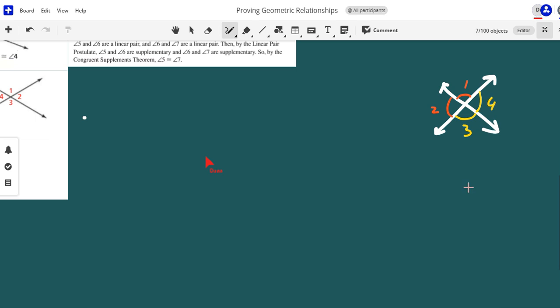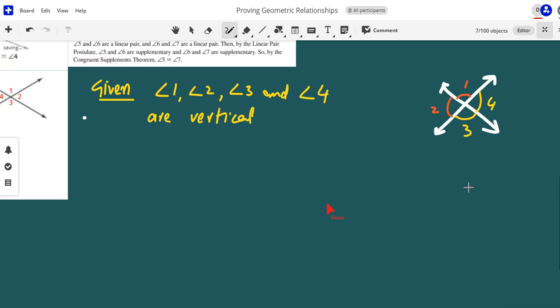So, first of all, what are we given? Don't be too much popcorn. We are given that angle 1, angle 2, angle 3, and angle 4 are vertical angles.